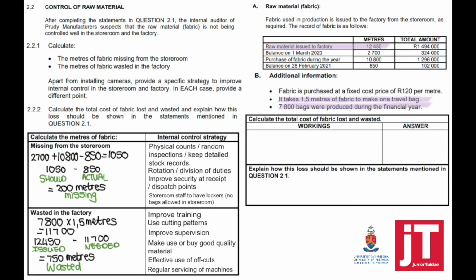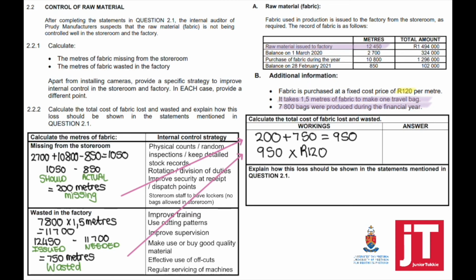Now, looking at question 2.2.2, calculate the total cost of fabric lost and wasted. Make sure that you use your answers that you've calculated in question 2.2.1. So you have to take 200 meters plus 750 meters, which means in total it was 950 meters.